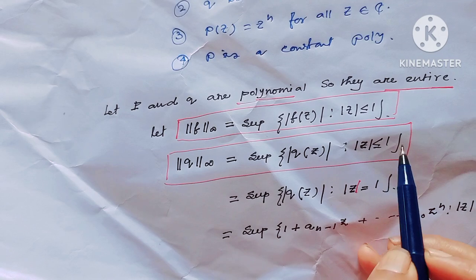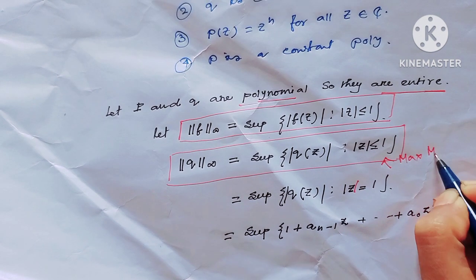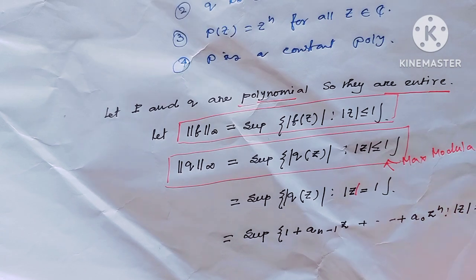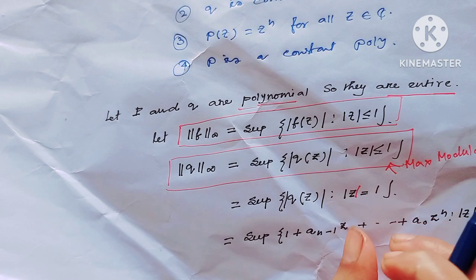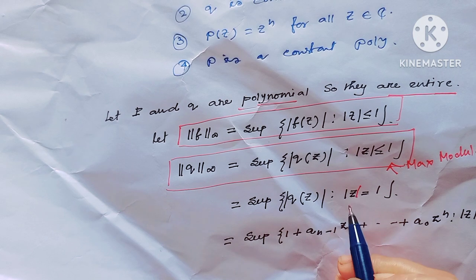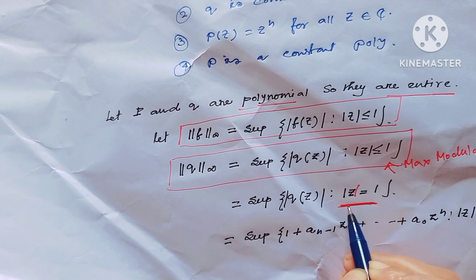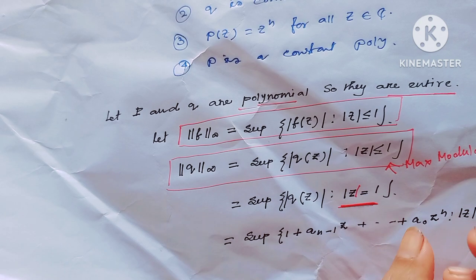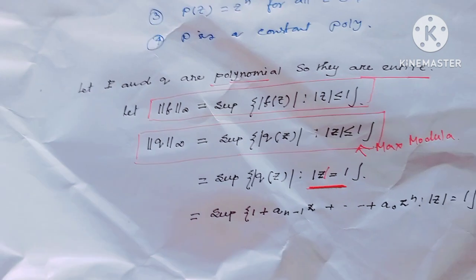So obviously by the maximum modulus principle, we can tell this supremum value always exists on the boundary. That means here it would be |z| equal to 1, because the maximum exists only on the boundary. Now put the value of Q(z).